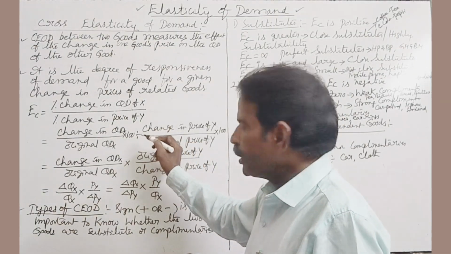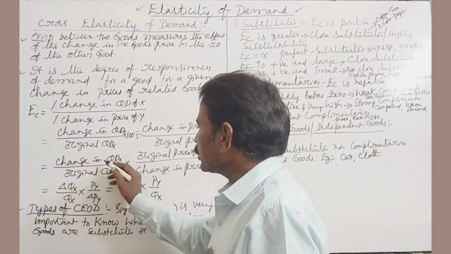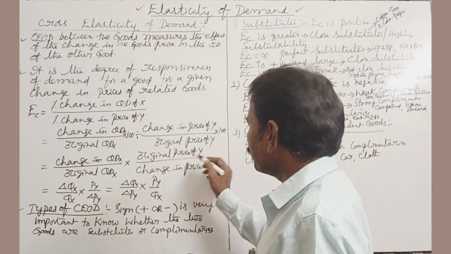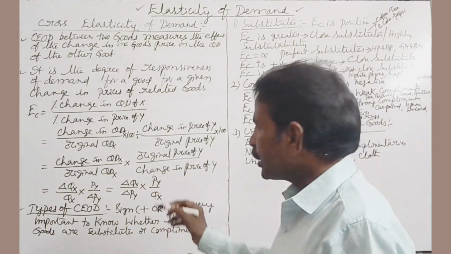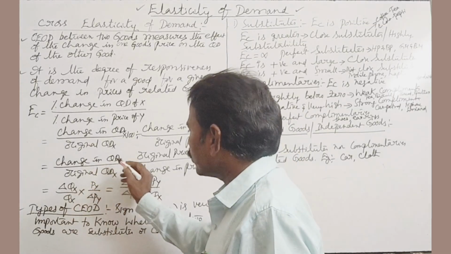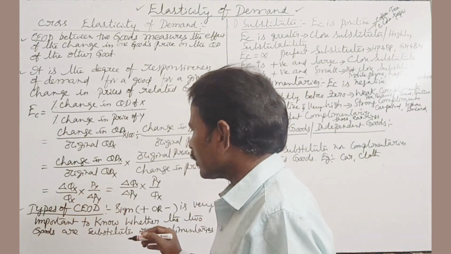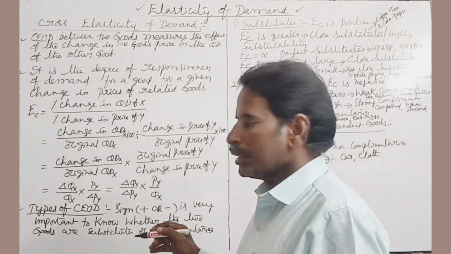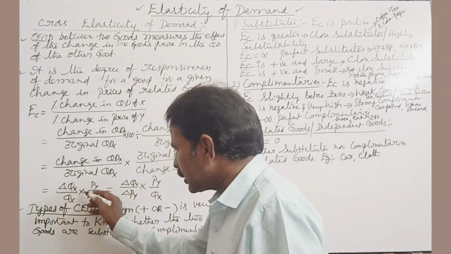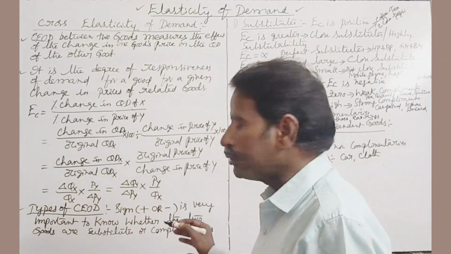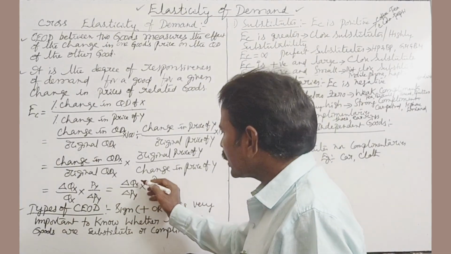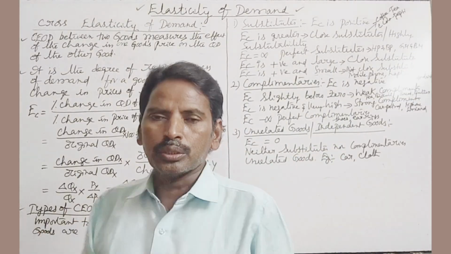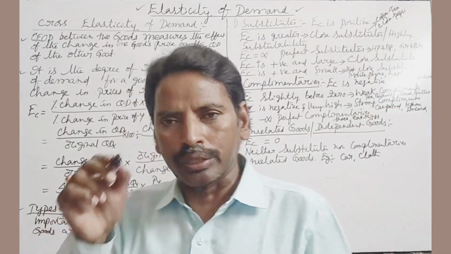If we cross multiply, it is change in quantity demanded of X divided by original quantity demanded of X into original price of Y by change in the price of Y. Mathematically, change in quantity demanded of X is delta QX, so delta QX by QX into PY by delta PY. Bringing the deltas to one side, it is delta QX by delta PY into PY by QX. This is the formula to calculate cross price elasticity of demand.